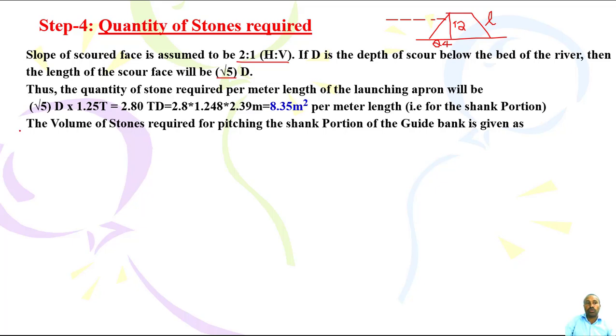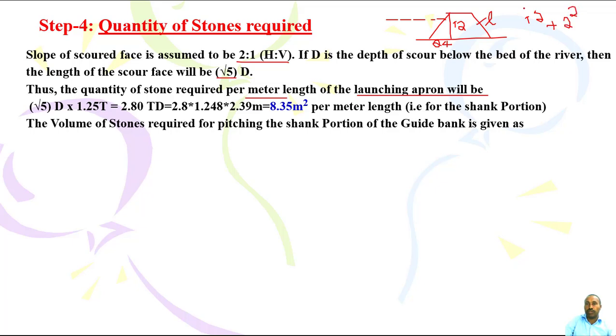Slant length. So the slant length, if you multiply by the thickness, then it will be per meter length of the launching apron. So the quantity of stone required per meter length of the launching apron will be the square root of 5, which for 2 to 1 is 1 square plus 2 square.